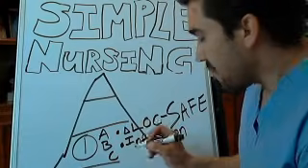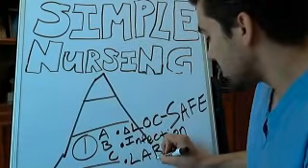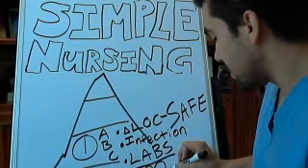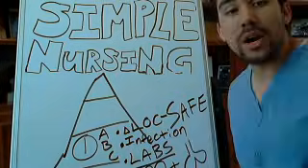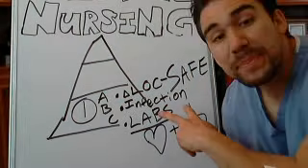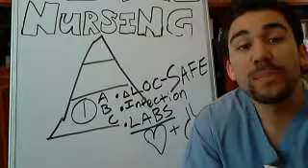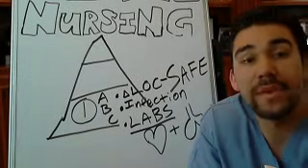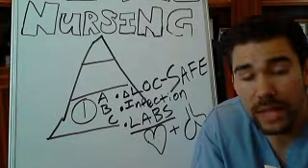And you also have labs that directly correlate to your heart and lungs here. So, your patient who has sepsis is going to be of higher priority than your patient who has pain after a surgical procedure.